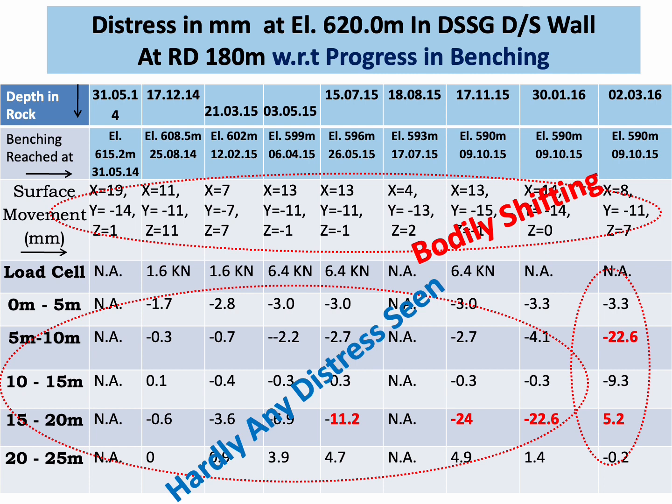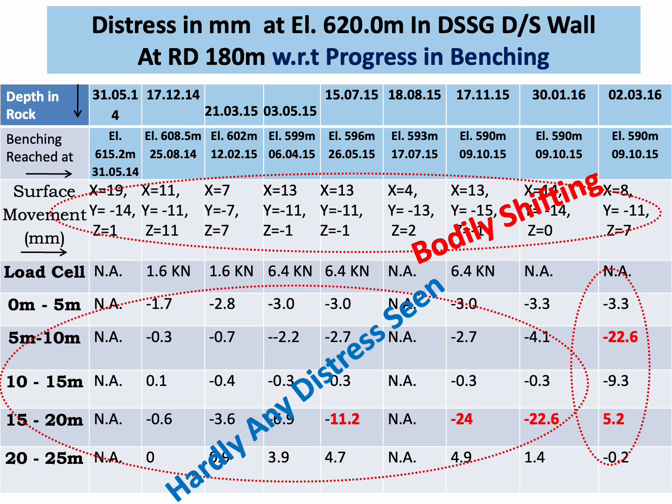Similarly, at elevation 624, the downstream Surge Gallery's downstream wall at RD 180 meter also showed the same trend. There were no distresses within the body till October 15. Till October 15, only surface targets were showing movement, and it indicated a bodily shifting with no distress within the rock mass to a certain depth.